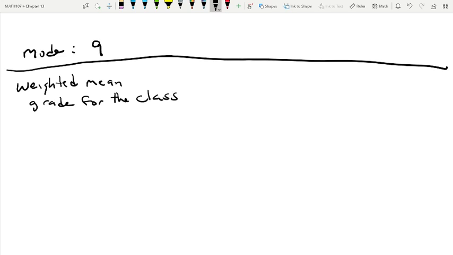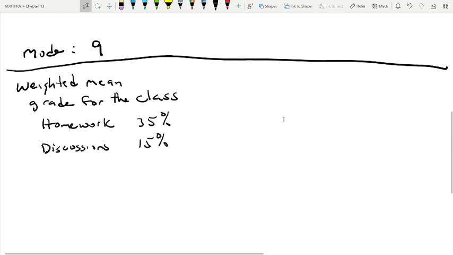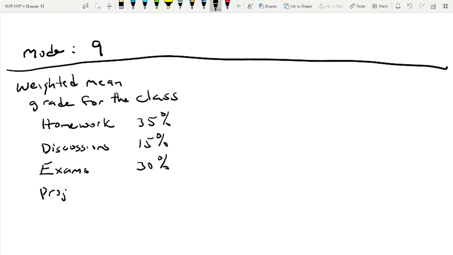And so we had from our syllabus that the homework is 35% of your grade. The discussions were 15%. The exams are 30%. And then the projects are 20%.